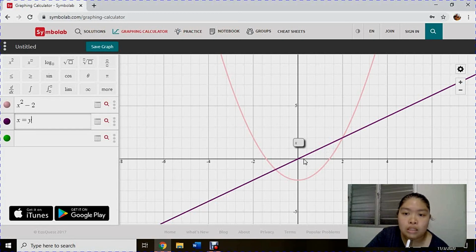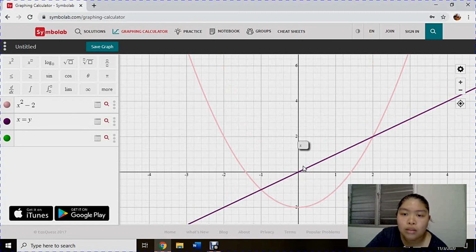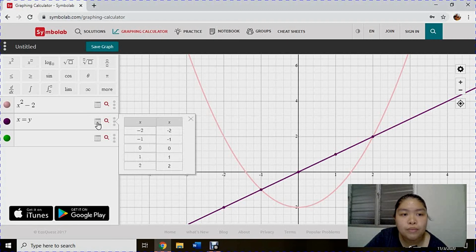As you can see in this graph, there are actually two intersection points between these equations. From this graph that we have plotted in this graphing calculator, we can actually find the intersection points. Let's see.